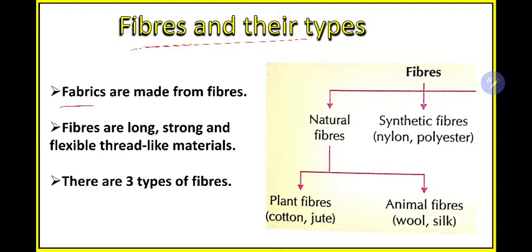So fabrics are made from fibers. Fabric means the cloths, and cloths mean fabric. So fabrics are made from fibers, from thread-like material. The cloths are made, we all know. Probably some of you have seen the preparation of cloths on television or in a local area.